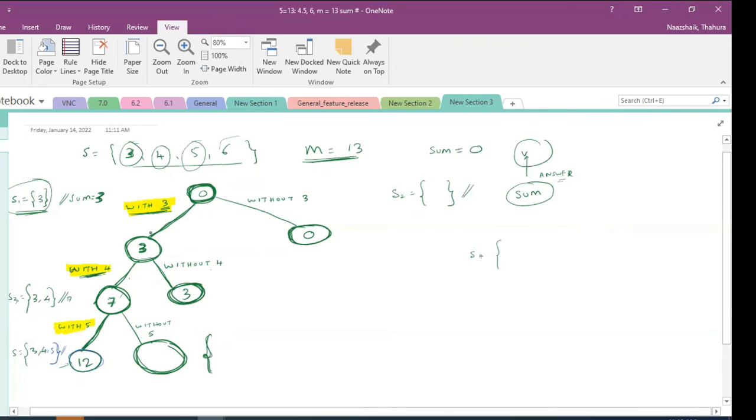Go from top. You came here, so it had 3. Then you came here, so it had 4. Then you came here. Did it have 5 or no? Should I put 5 here? No, ma'am, because it was without 5. Correct. So with this, what is the answer that you get?